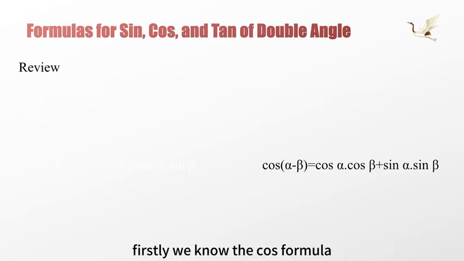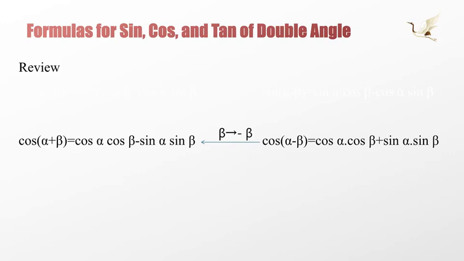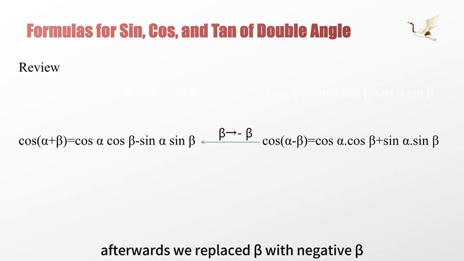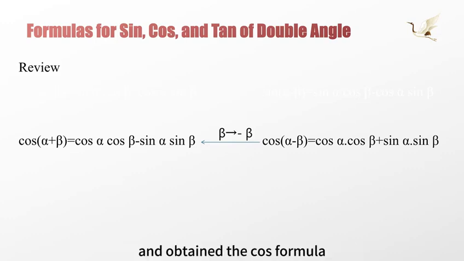Firstly, we know the cosine formula for the difference between two angles, where cosine(alpha minus beta) equals cosine alpha cosine beta plus sine alpha sine beta. Afterwards, we replaced beta with negative beta and obtained the cosine formula for the sum of two angles, where cosine(alpha plus beta) equals cosine alpha cosine beta minus sine alpha sine beta.